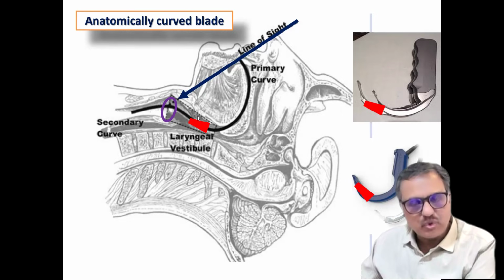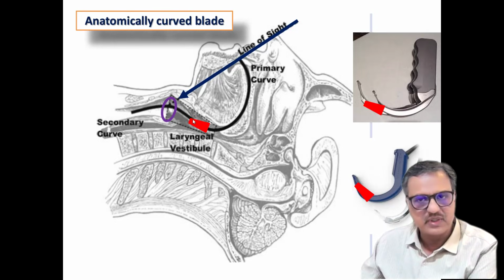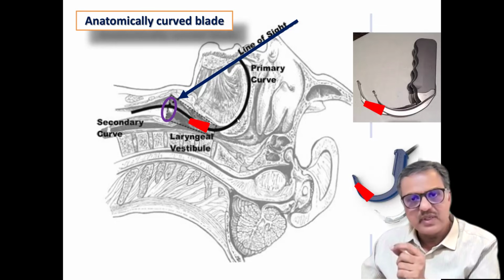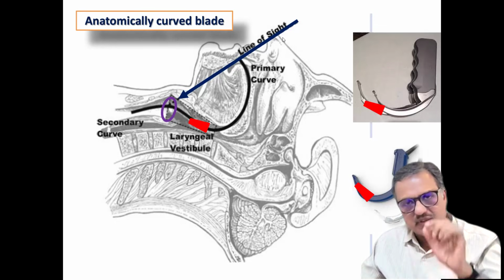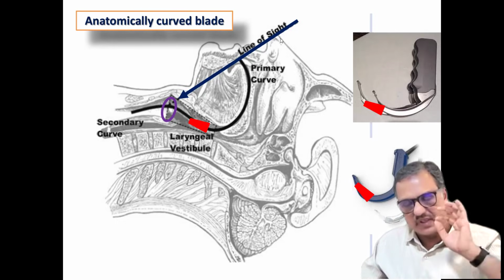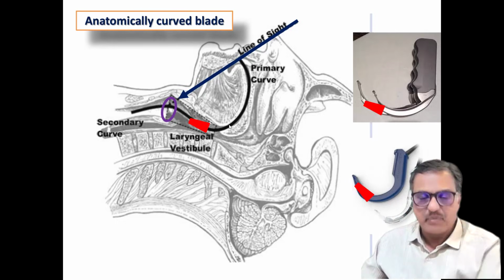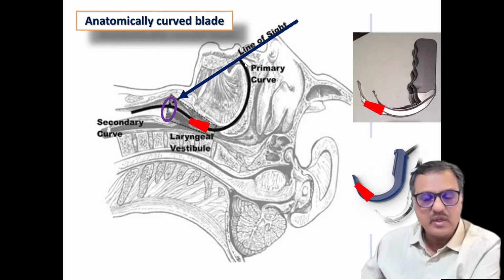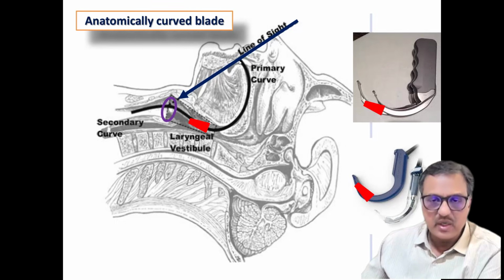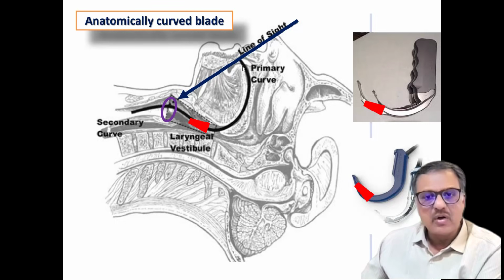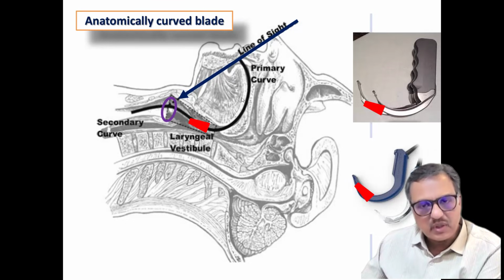The line of vision is this much. With direct laryngoscopy, we can directly insert the tube into the larynx. But with the videolaryngoscope, the endotracheal tube has to maneuver along the primary curve, the oropharyngeal curve, or the curve of the tongue.